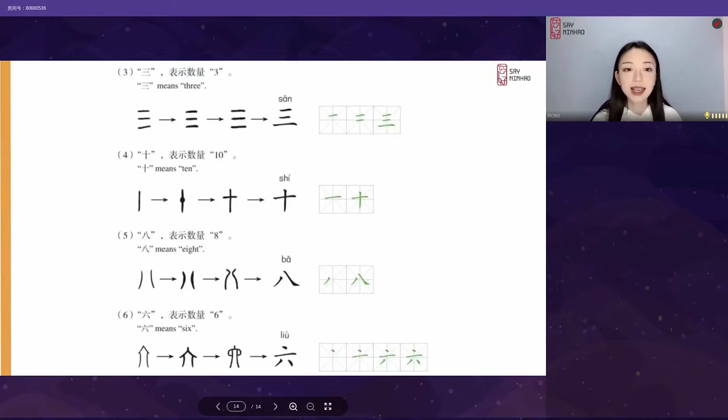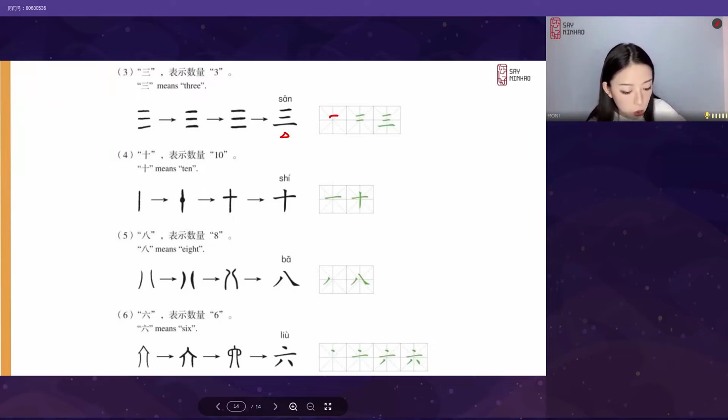Next one is three. Three in Chinese, the pronunciation is sān. Read after me, please. 三. We can see there are three horizontals.